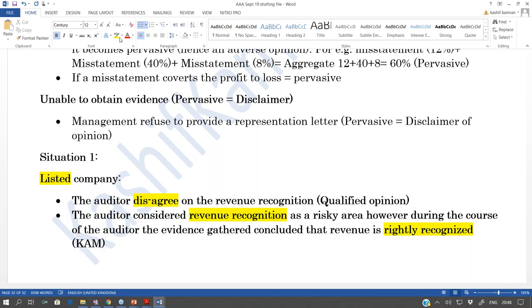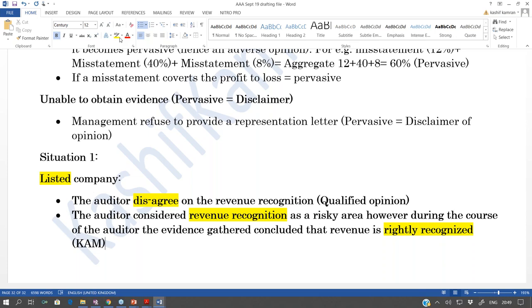positive. But if the revenue recognition is a risky area and the revenue is wrongly recognized, can I give CAM? No. But if revenue recognition is a risky area and the revenue has been rightly recognized and the company is listed, right?